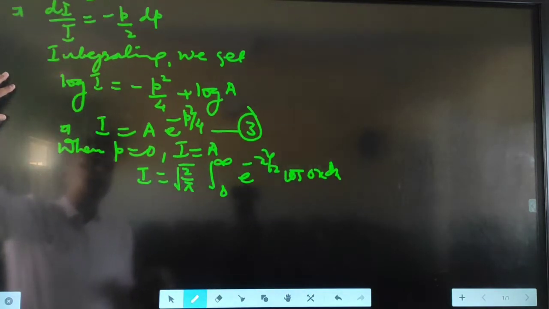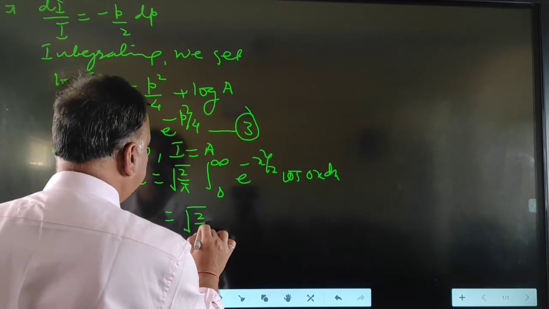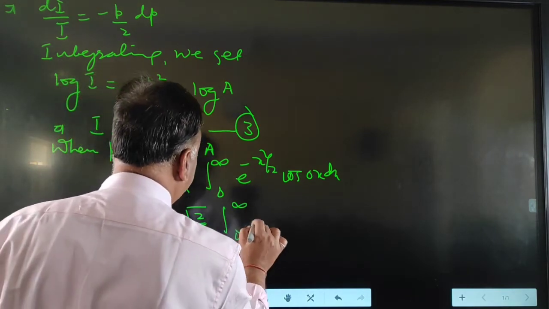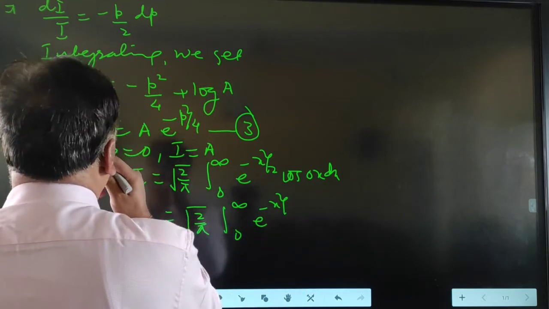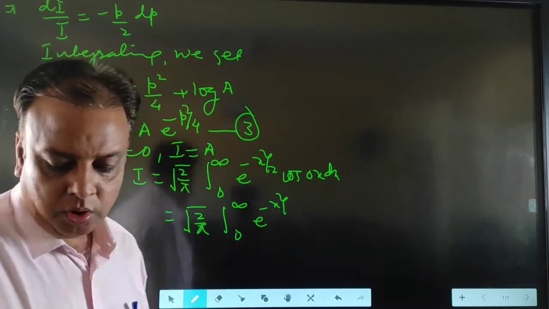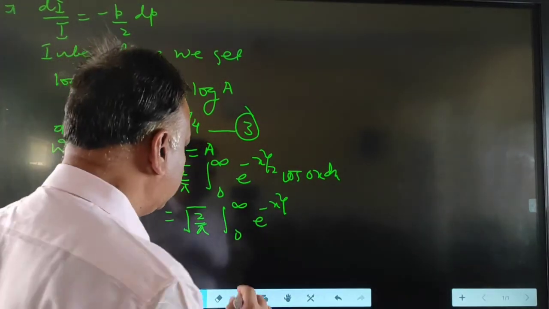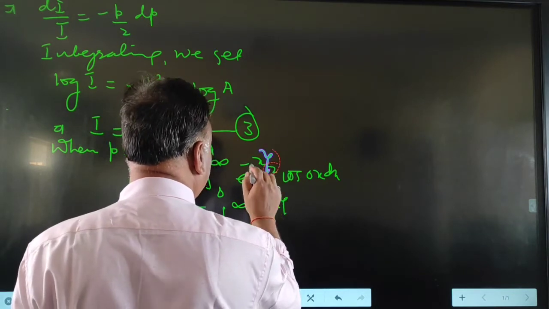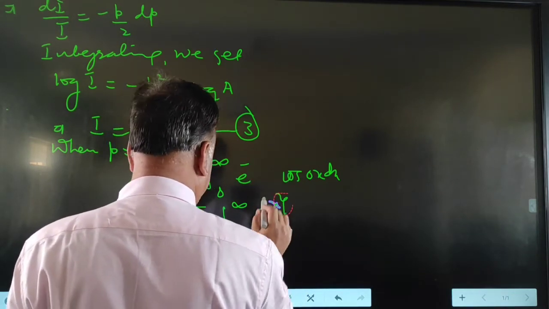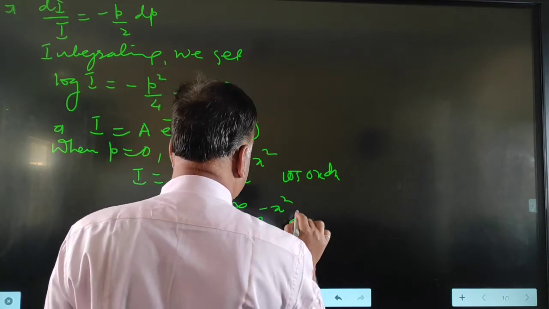Now integrating this one, we get under root of 2 upon pi integral 0 to infinity e raised to minus x square dx.